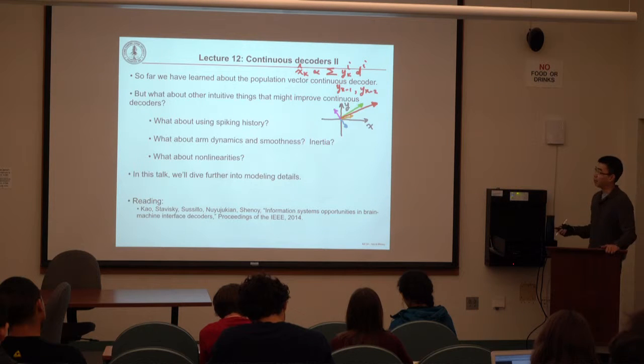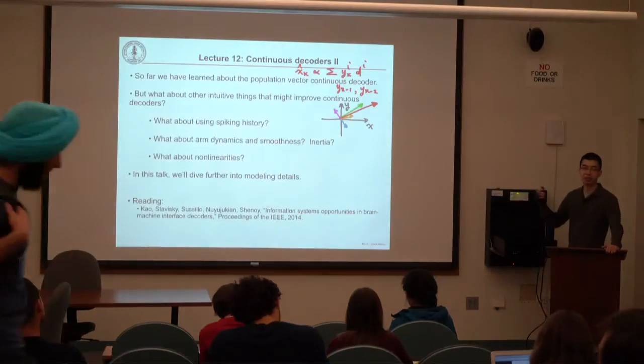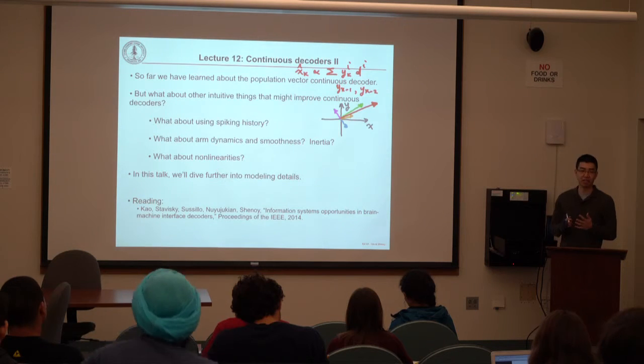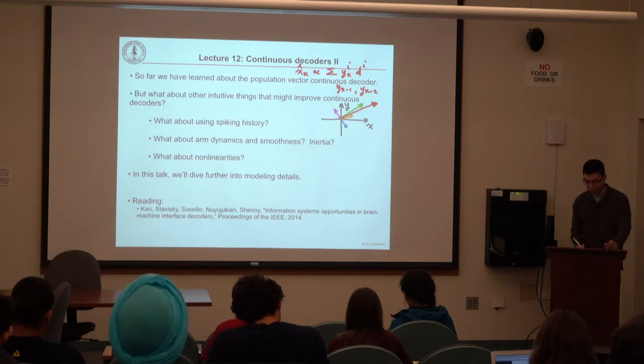Another thing we might want to incorporate into these decoders is what we know about the robotic arm we're controlling, for example, the arm's dynamics, or even things about the computer cursor we're controlling. For a computer cursor, we know that there's generally inertia. What do we mean by that?